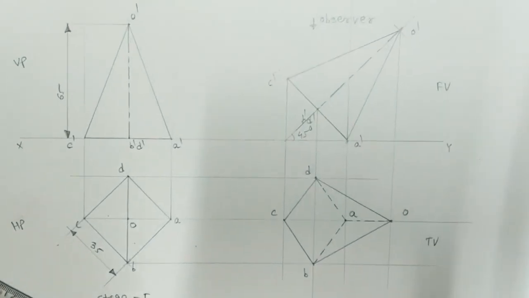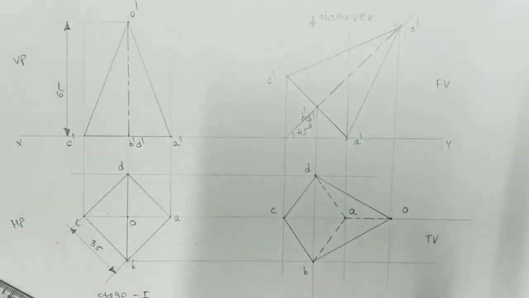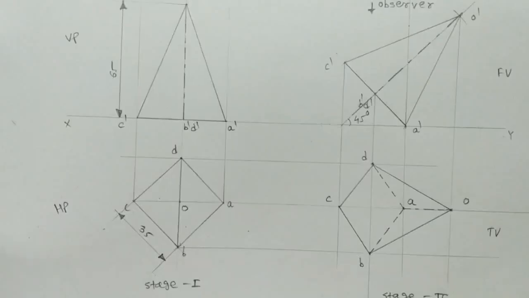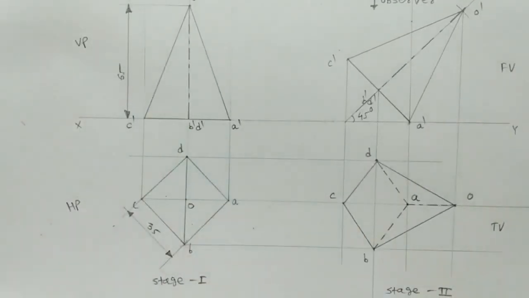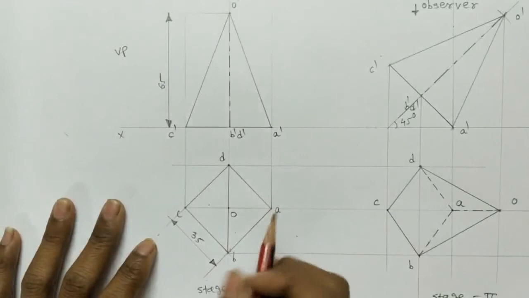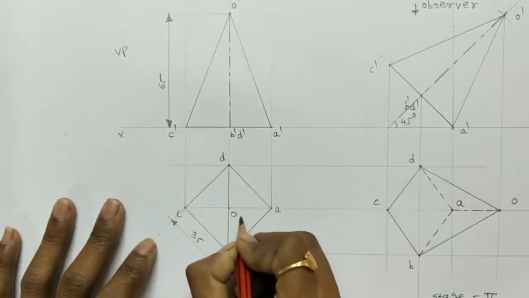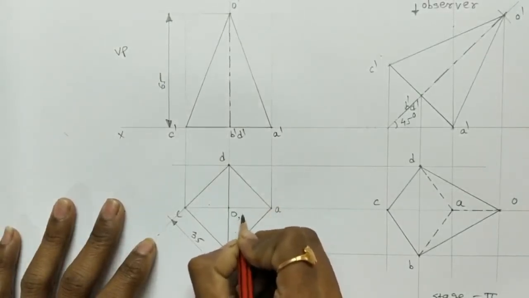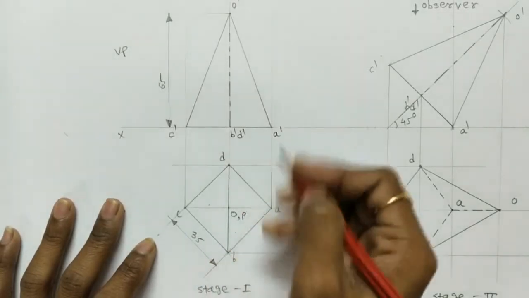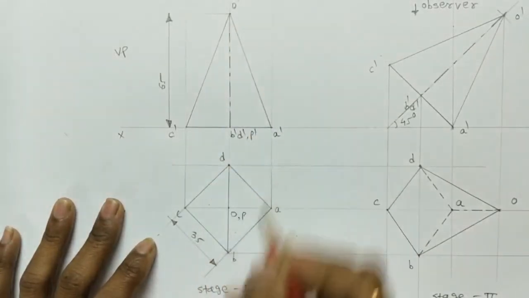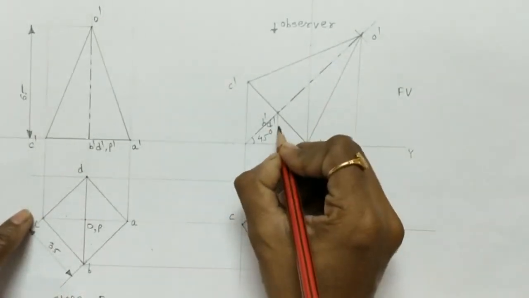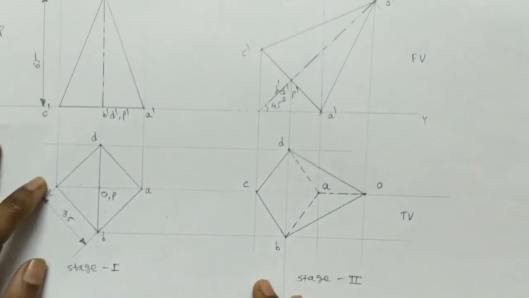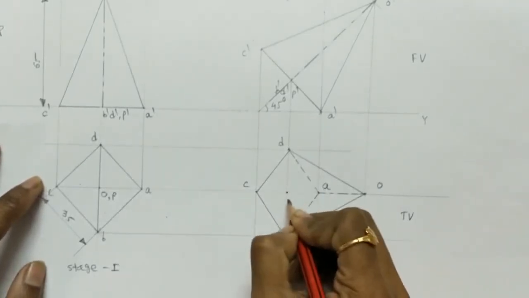Now this is the complete diagram. As we have drawn all this, give the center point name as OP. So here O dash, here also P dash. Then there is also a P dash, and this point shows P.